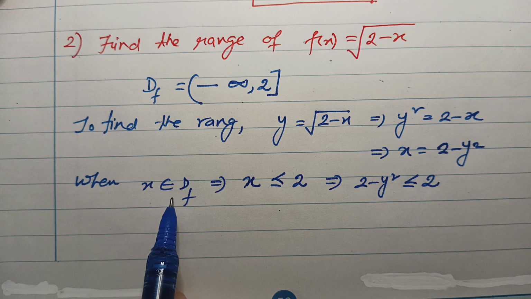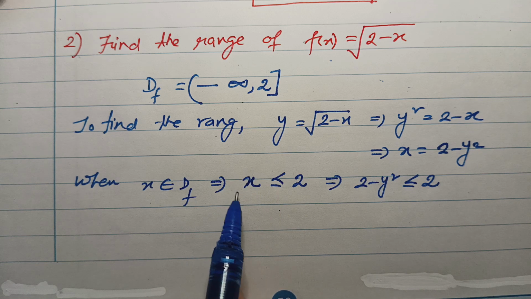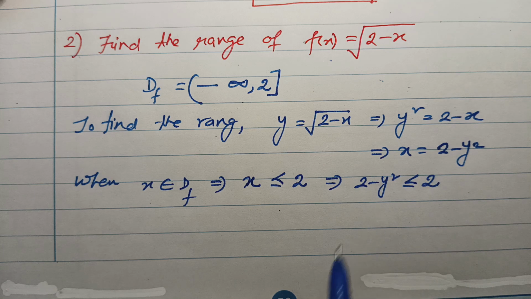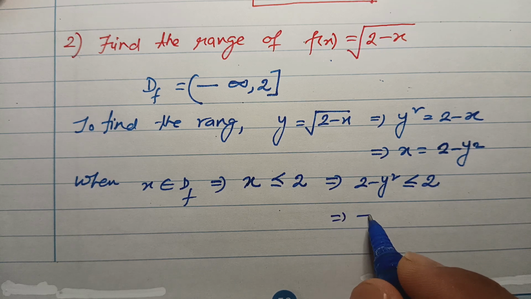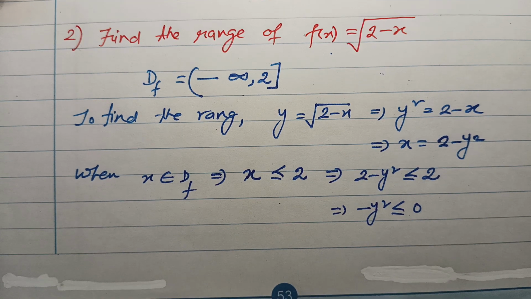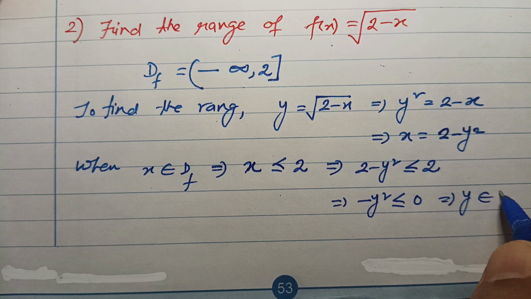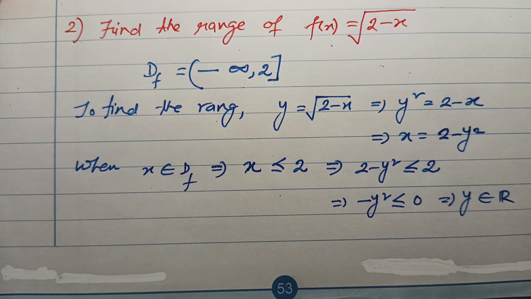So when x belongs to the domain, x is less than or equal to 2. Now I replace x by 2 − y², and this will give us −y² ≤ 0. And this is true for all real numbers. This implies y would belong to R. But our definition says we have taken the positive square root.